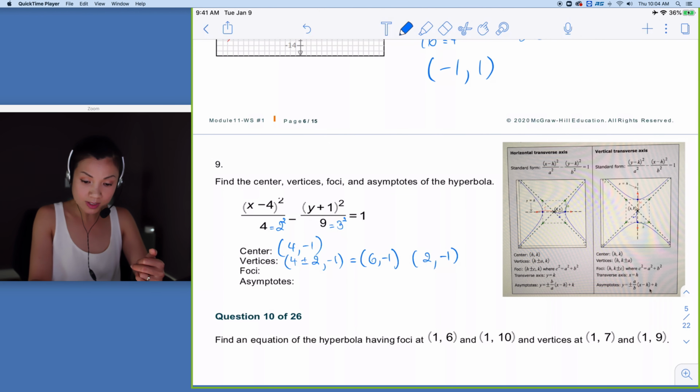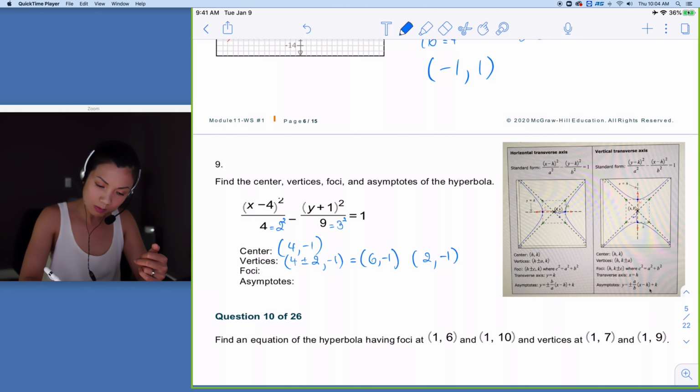For the foci, we have h plus and minus c, and c squared is a squared plus b squared. So I need to figure that out. I'm going to put it over here. c squared equals 4 plus 9, which is 13.